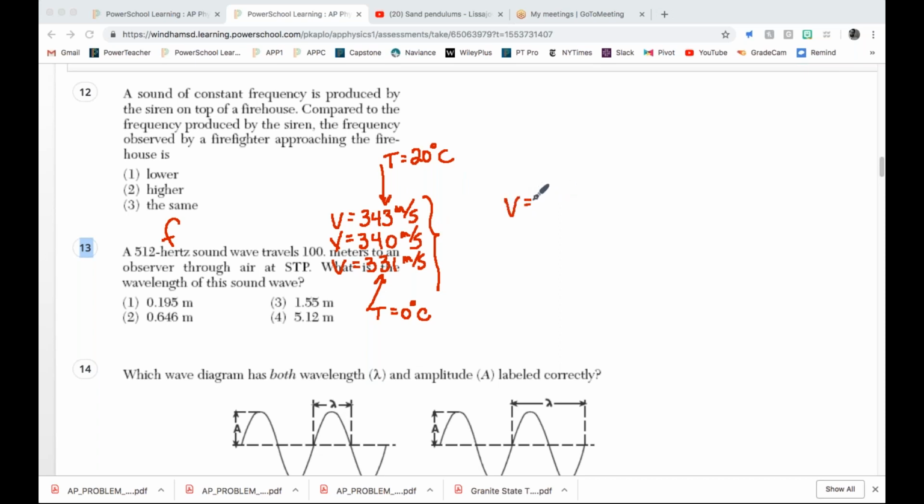So we're just going to say that v equals f lambda, and solve for lambda. It's v over f equals lambda. I'll just use 340 and divide that by the frequency of 512 hertz. And it looks like it's about 3/5.